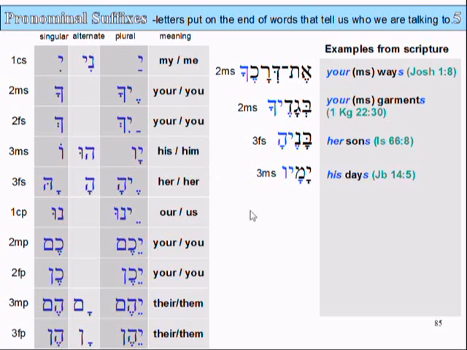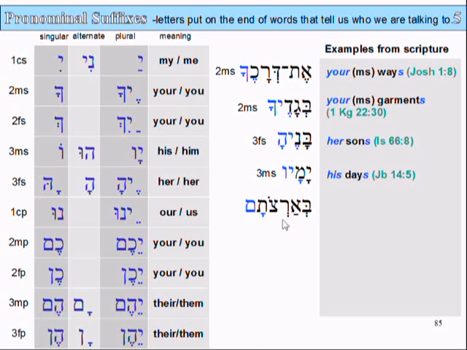So that's the third person masculine singular. His, and it's plural. Here's the yod there. His days. So yom becomes yam. We drop the vav in between the yod and the mem when we say his days. From yom it becomes yamayev, his days, just because when you say something quickly, you drop the vowel a bit. It goes from yom to yam.